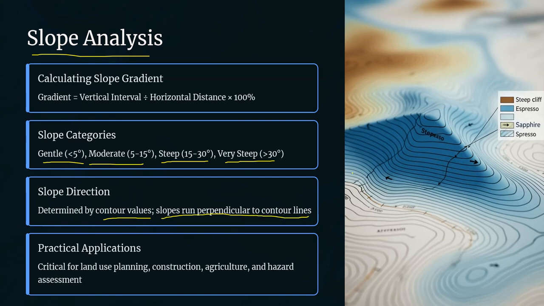So there is a method of calculation, and the practical application, this is for land use planning, what I am talking about, the road or bridge or any constructions, building and all, agriculture also. Otherwise there is water logging in the field, right?